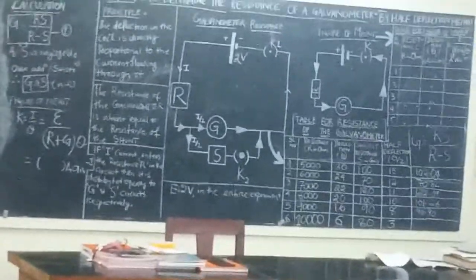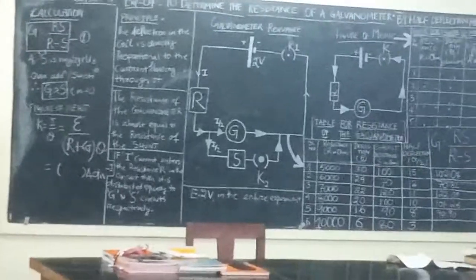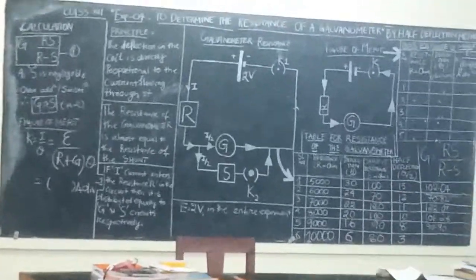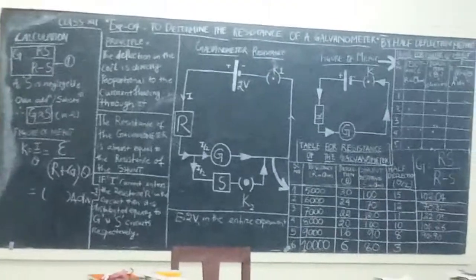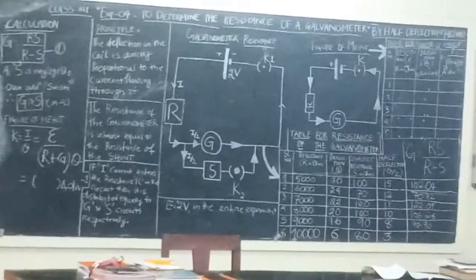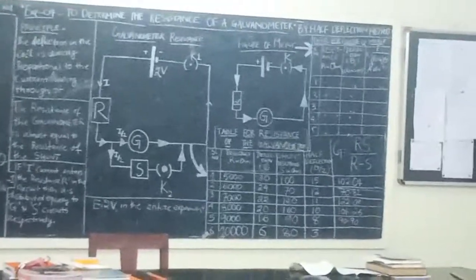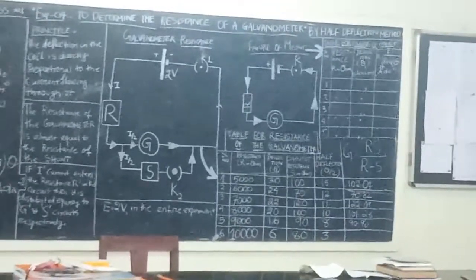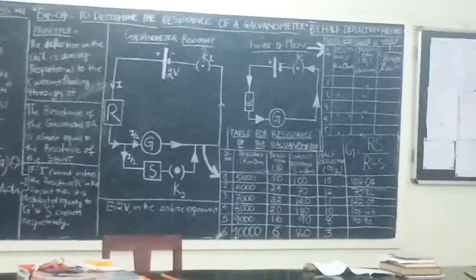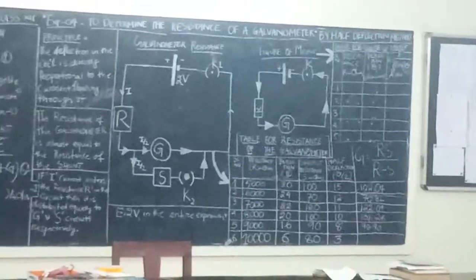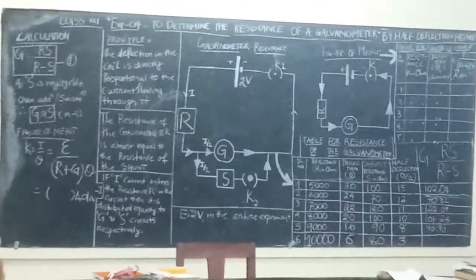Now if you see on the board, there you can see resistance in ohm: 5,000, 6,000, 7,000, 8,000, 9,000, 10,000, and the respective deflection of the galvanometer having R in the circuit is mentioned in the column.